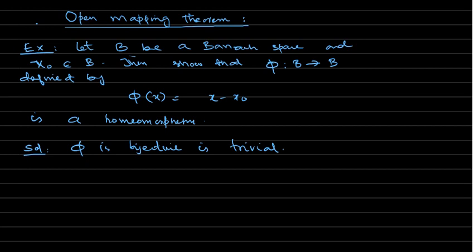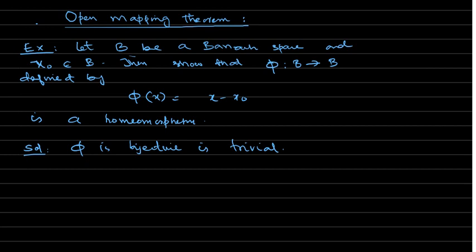Or you can prove it in terms of open sets, or in terms of epsilon delta. It's actually a translation operator, so it is a distance preserving mapping. So this is always going to be continuous, and the inverse map is also continuous, because the inverse map is also a translation.